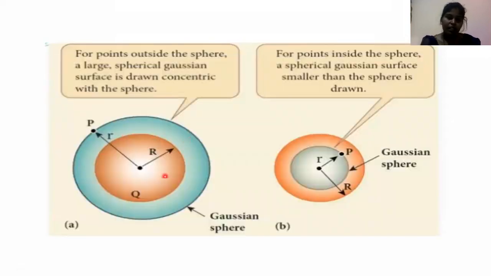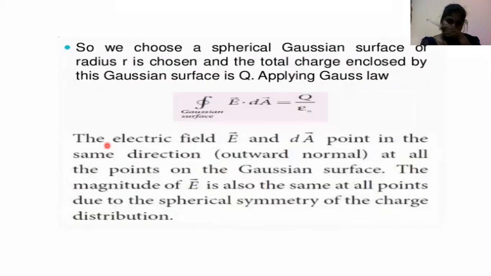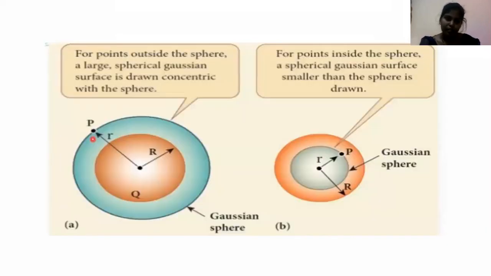Now on the sphere, you will assume the same Gaussian surface. So if you imagine this Gaussian surface, it is reduced to this point. So small r will be equal to capital R.